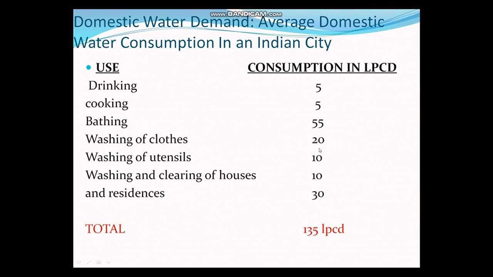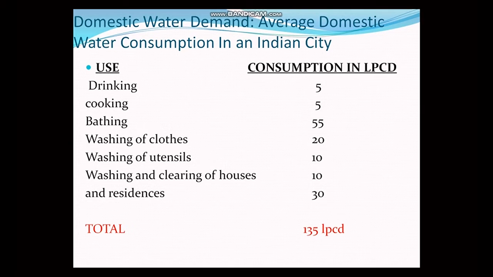Washing of utensils, 10 LPCD of water is required. And for washing and cleaning of houses, 10 LPCD of water supply is required. And for the washing and cleaning of residences, 30 LPCD of water supply is required.